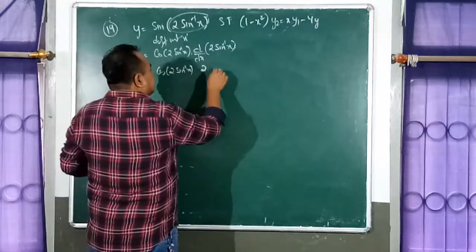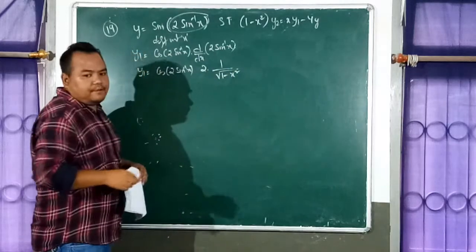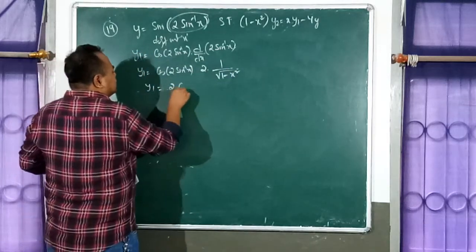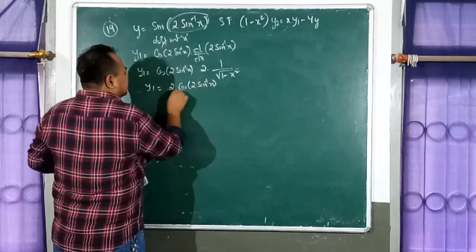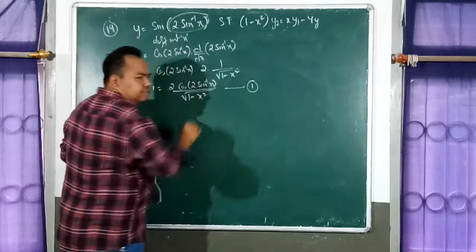So differentiation of sine inverse x is 1 divided by root 1 minus x squared. So y1 equal to 2 cos 2 sine inverse x divided by root 1 minus x squared.